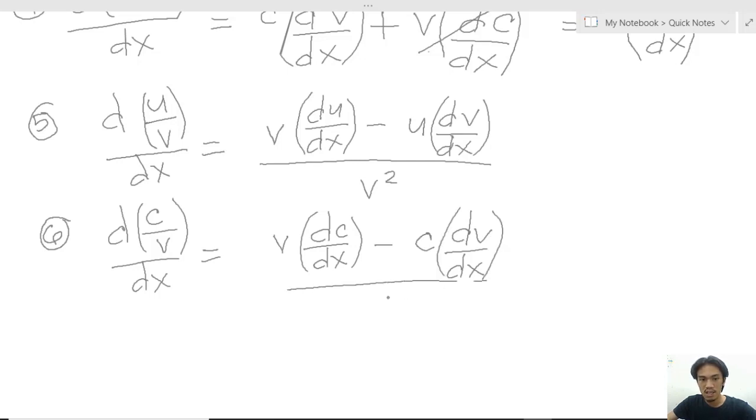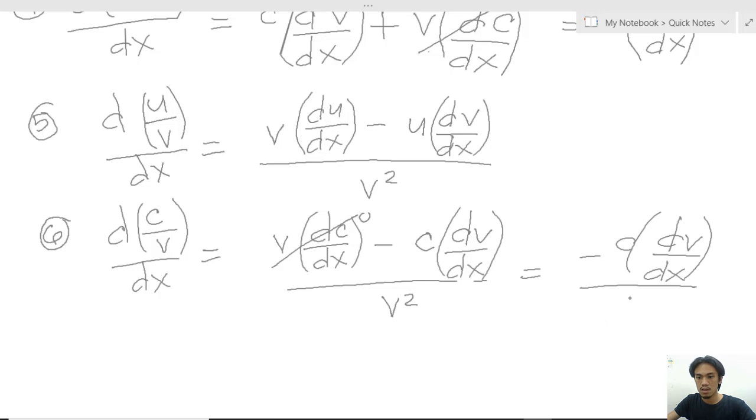Divide this by v squared. And again, since the derivative of a constant with respect to any variable is 0, this will cancel to 0, leaving us with negative c times the derivative of v with respect to x. This would be divided by v squared. That is the sixth property.